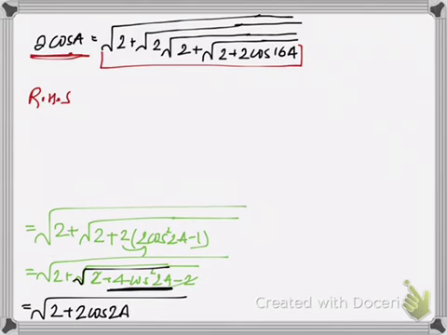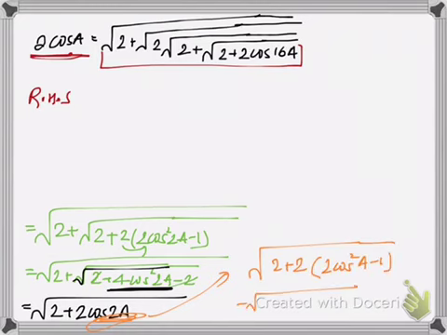Once again, what we can do is apply the same formula for cos 2A here. So we have root 2 plus 2, and then cos 2A is 2 cos squared A minus 1, and then we have 2 plus 2 times 2 is 4 cos squared A, and then 2 times negative 1 is negative 2.